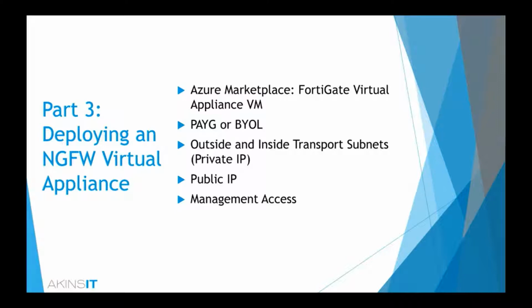I mean, ideally, you want to bring your own license so that way it's more cost-effective for you overall. I went ahead and assigned those outside and inside subnets to the firewall. Again, it's just my WAN and LAN. Then I gave it a public IP address and management access, right? So right now I can manage the device through its public IP.